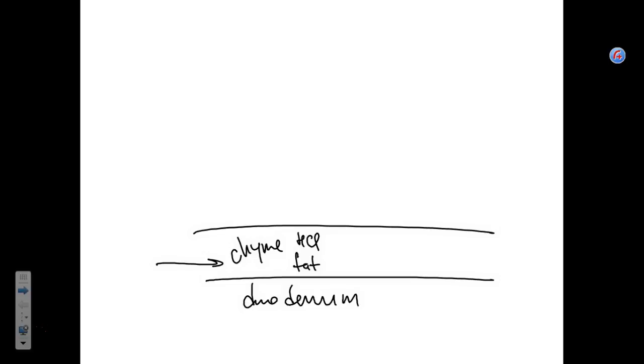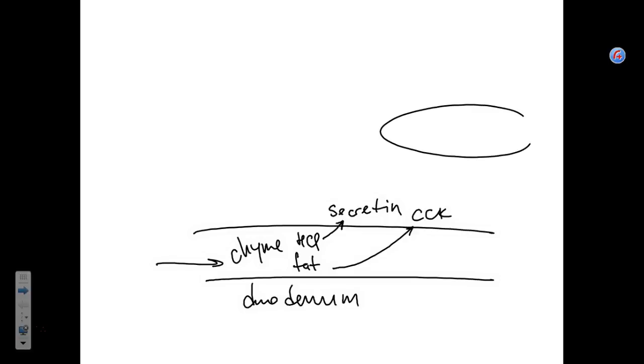Okay? Acid. What does it stimulate? Secretin. Fat, what does that stimulate? CCK. This is pancreas.